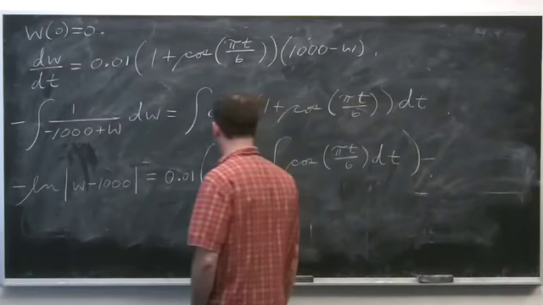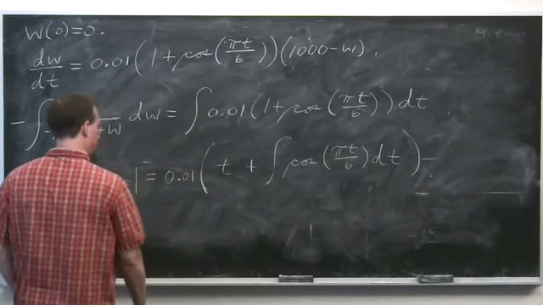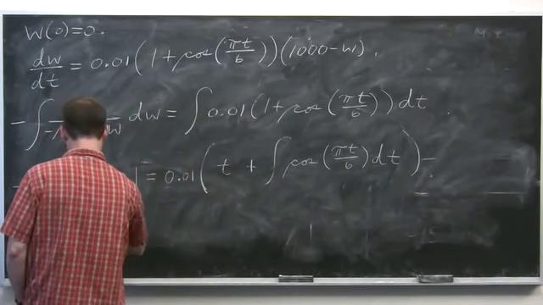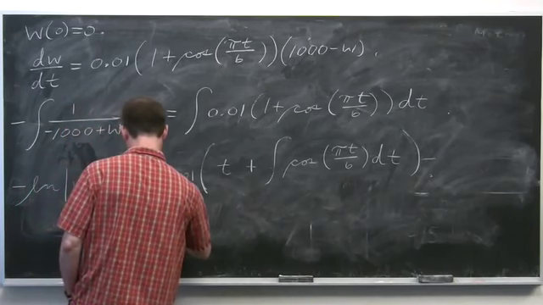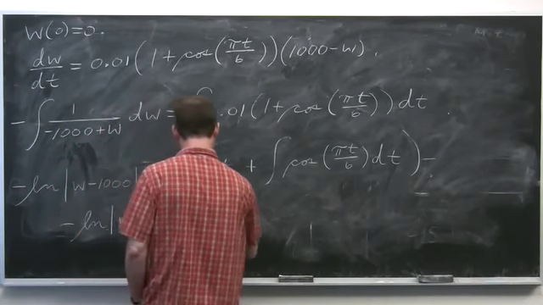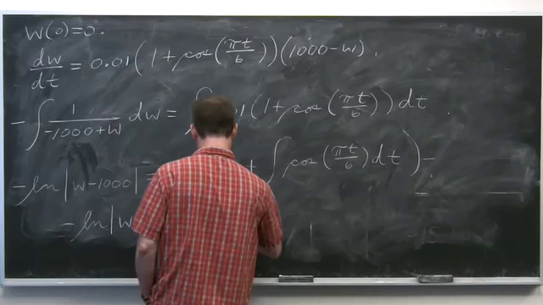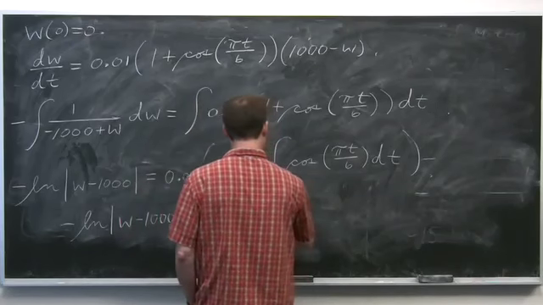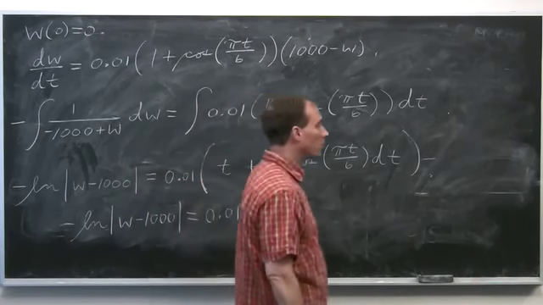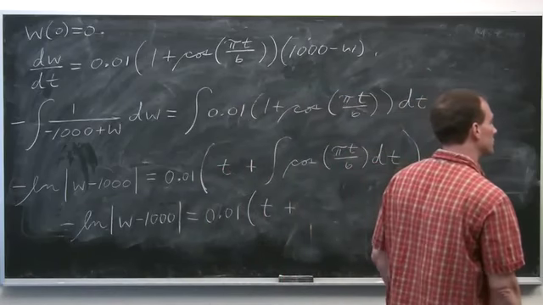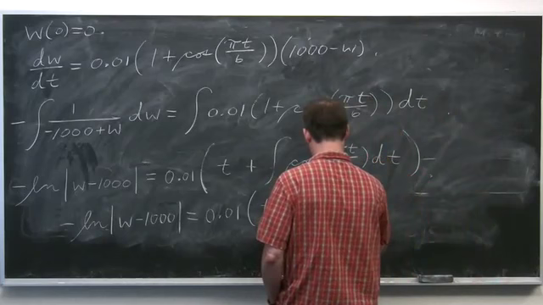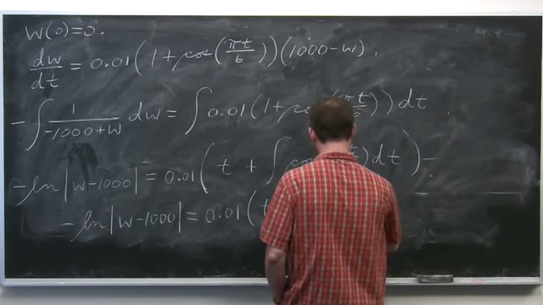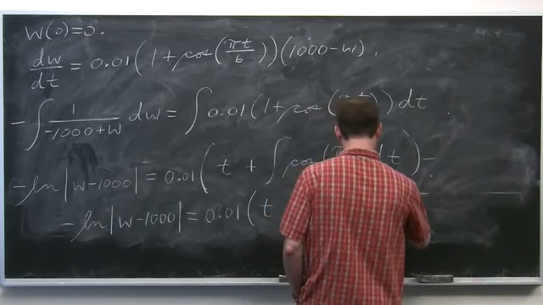So we get negative the natural log, the absolute value of w minus 1,000, equals 0.01 times t plus what we just found, which is 6 over pi sine of pi t over 6.